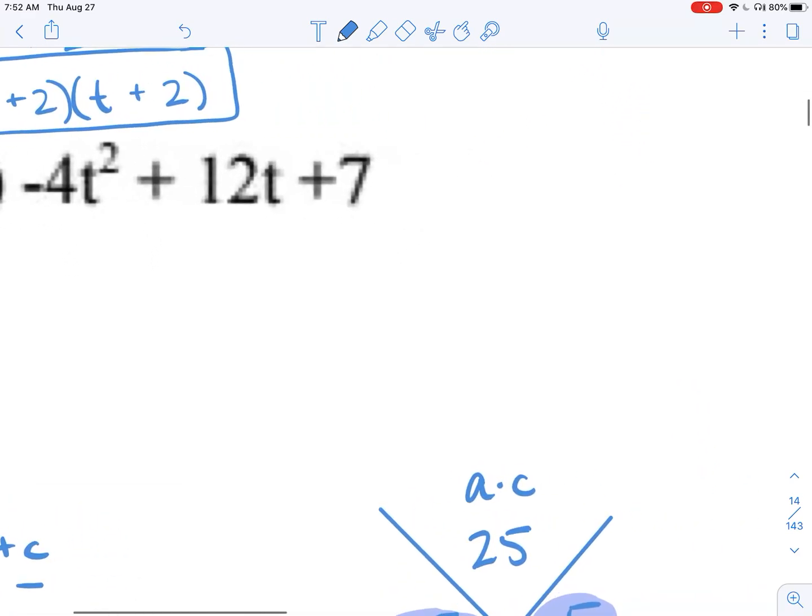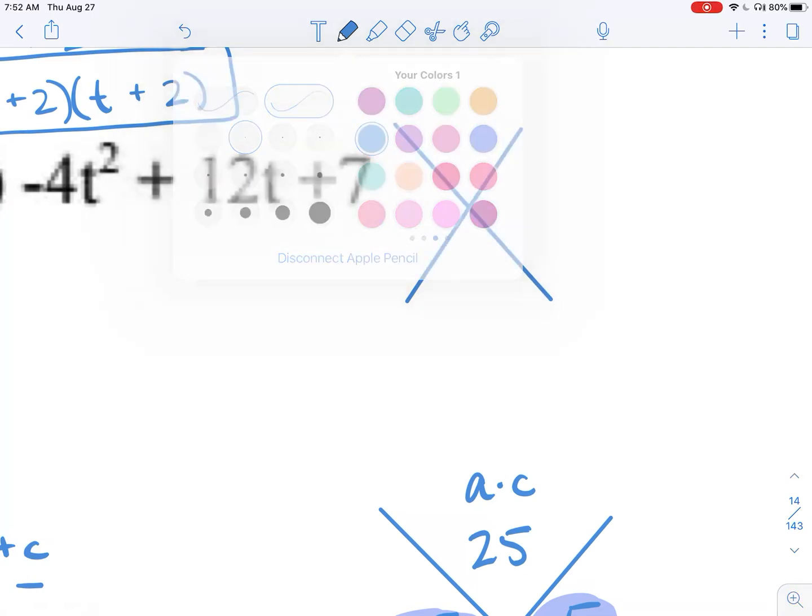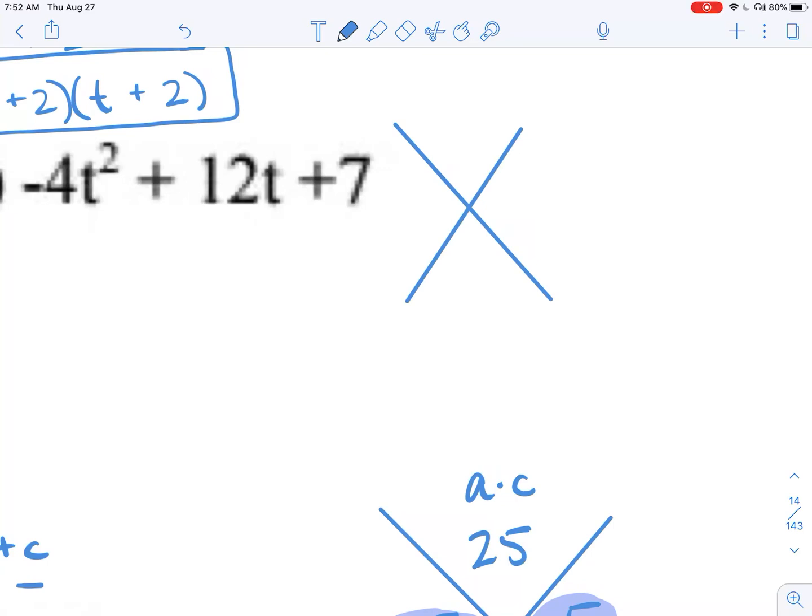Same thing here. We're going to split it up into our big X. I'm going to have a negative 4 times a positive 7, which is a negative 28, and a 12 at the bottom. What two factors of a negative 28 will combine to give you 12?